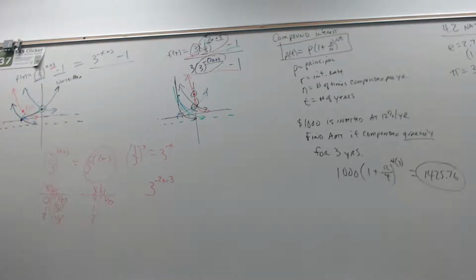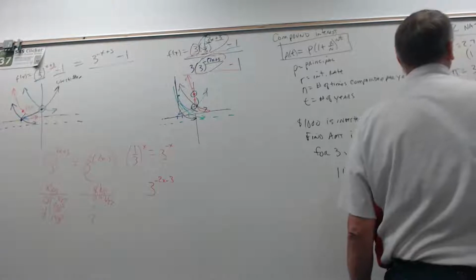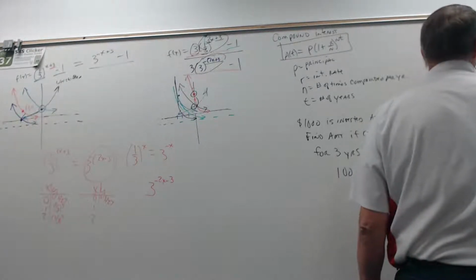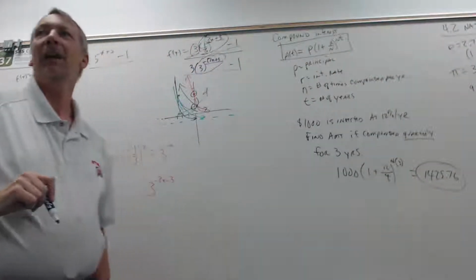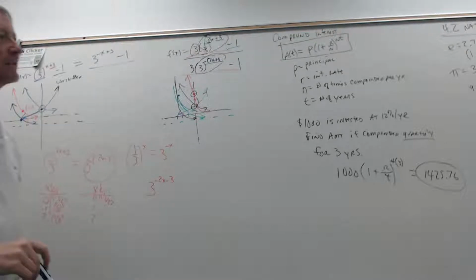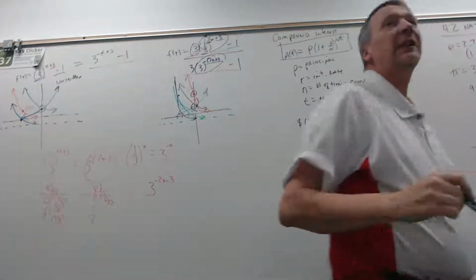Okay? So let me ask you this. What if I asked you to graph f of x equals e to the minus x? I think it's time to pick on Ryan because I haven't picked on him for a long time. Do you know how to graph that? You know how to graph a regular exponential function.